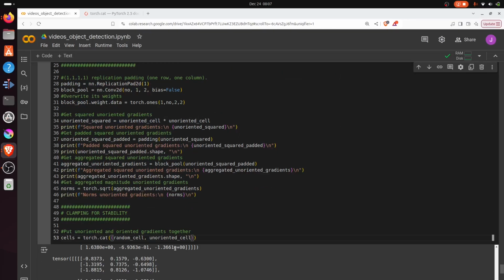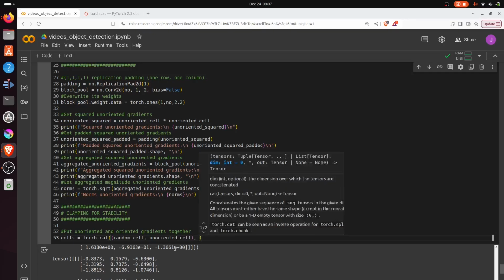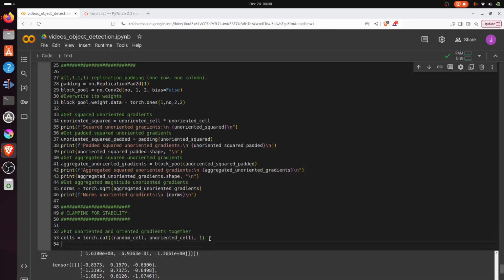Okay, so this one right here, and we want to concatenate in the column dimension. Okay, we're going to do that with respect to the columns, and not with respect to the rows. So just let me place here one. Great, and let's just have a look now on how this is going to be structured.